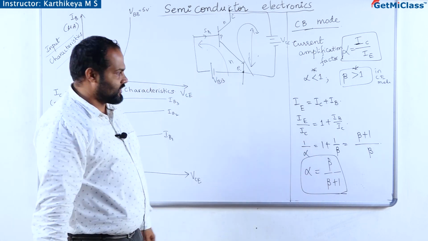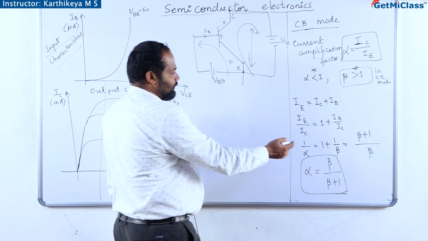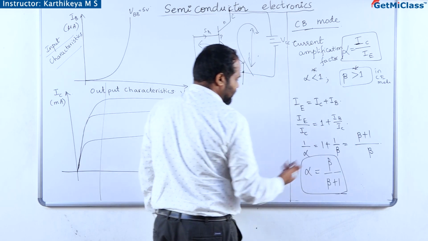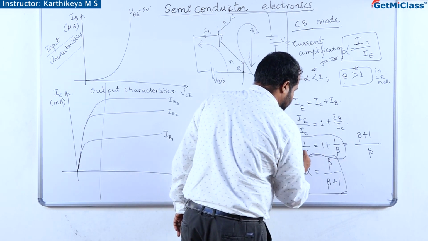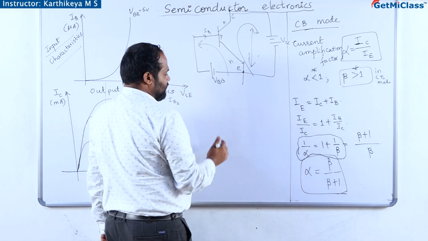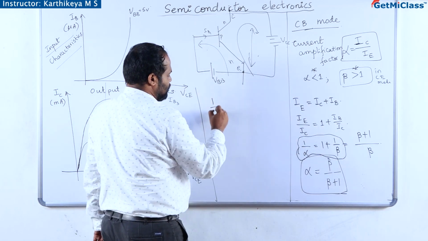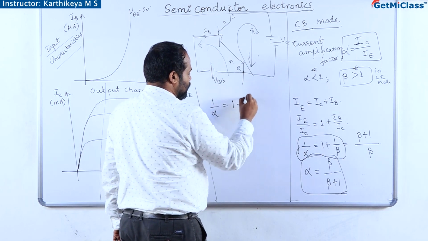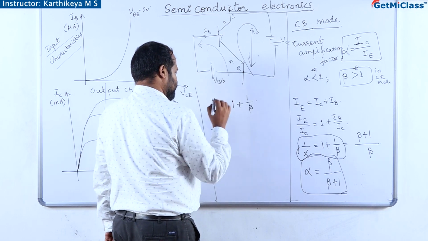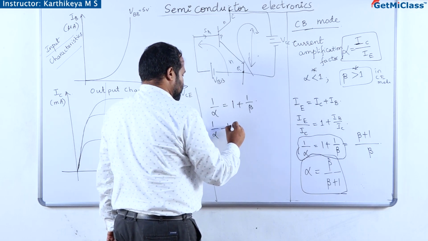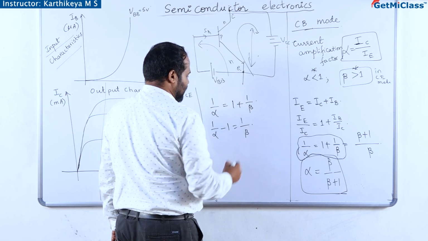Also, this formula can be further written as follows. Suppose I consider this fraction of the series of equations, then 1 by alpha is equal to 1 plus 1 by beta, so 1 by alpha minus 1 is 1 by beta.